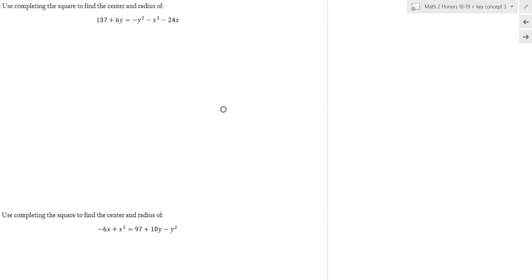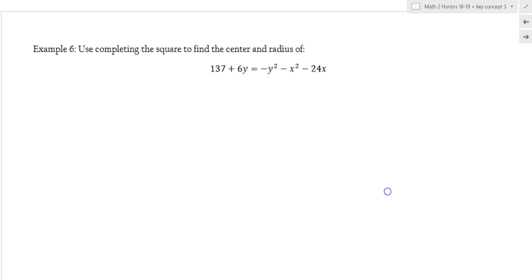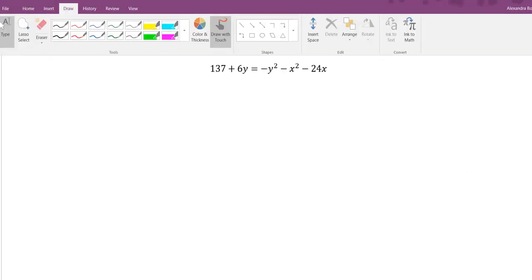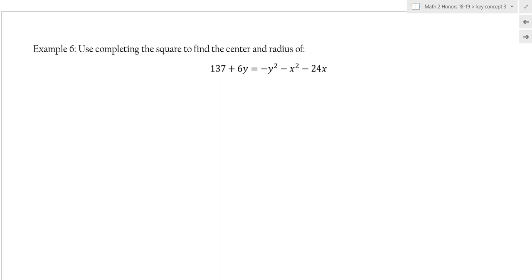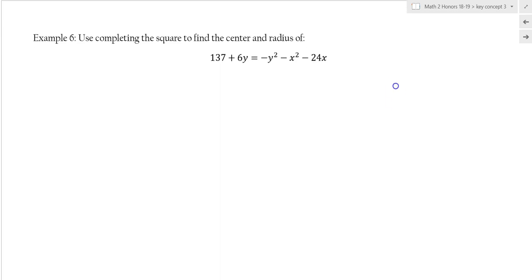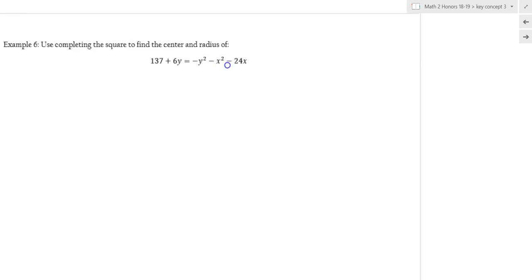We have 2 more problems to look at. These are slightly different in that everything's kind of garbled up.